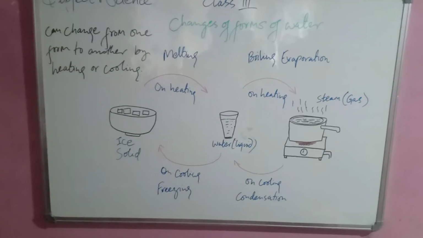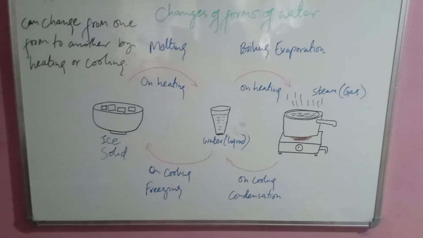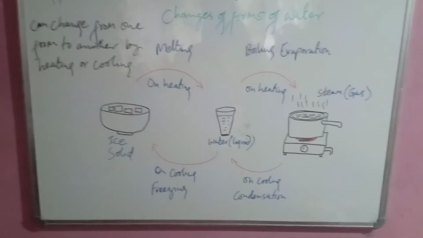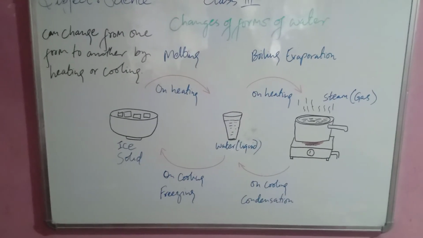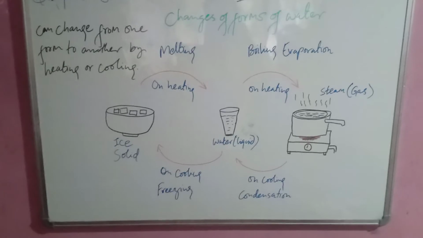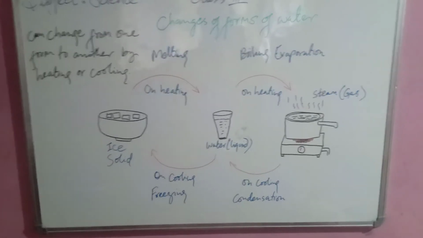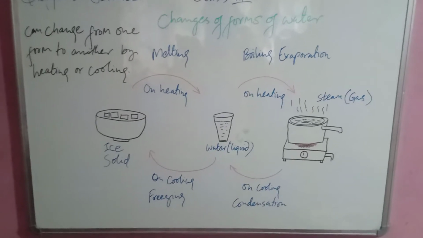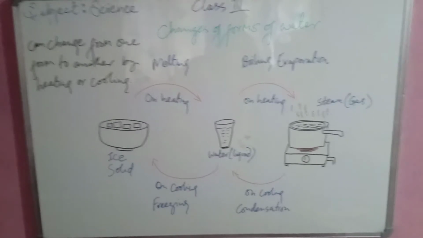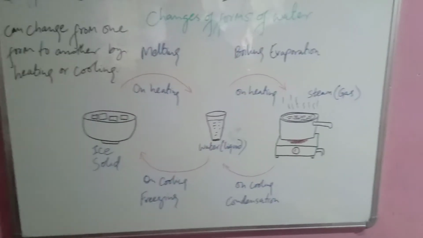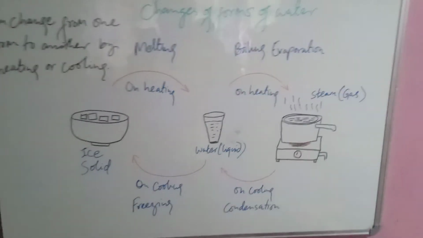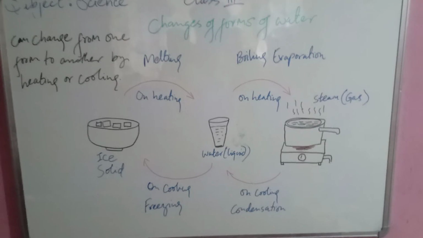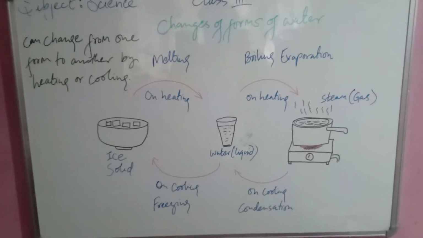So this is the process by which we know that ice on heating will be converted into liquid form. Then on heating that liquid again in a container or utensil, it will convert into gaseous form.